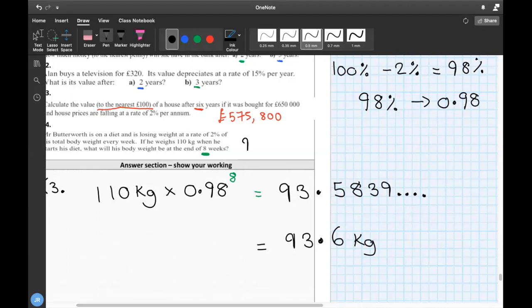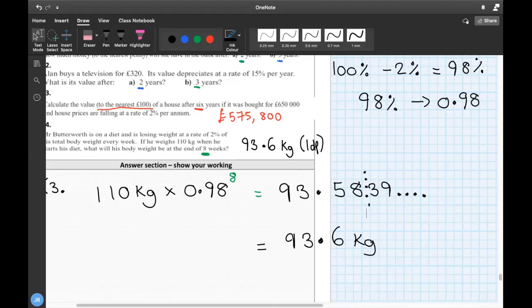So your final answer there is going to be 93.6 kilograms. That's if you've rounded it to 1 decimal place. Any of you that rounded it to 2 decimal places, it'd be 93.58. But you must make sure that you label how many decimal places you've done it for, if they haven't asked for it in the question.